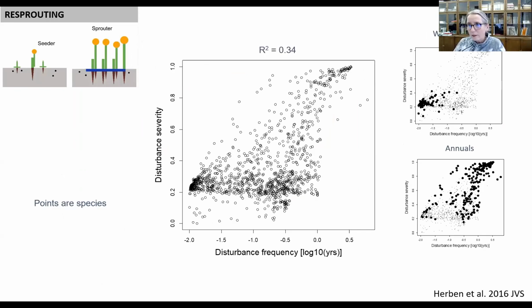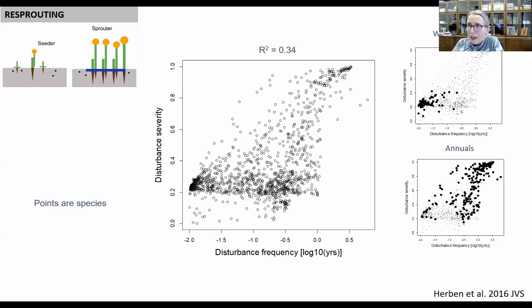For this, we had to analyze disturbances in Central Europe. So we prepared something like Ellenberg indicator values for disturbance severity and disturbance frequency.